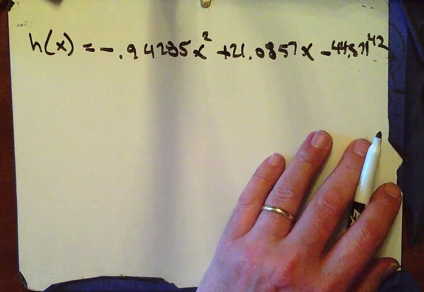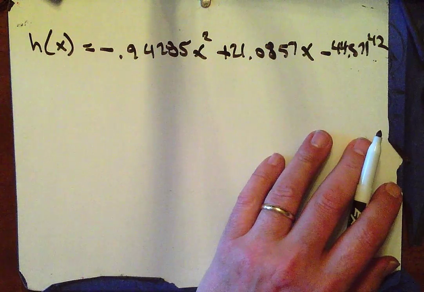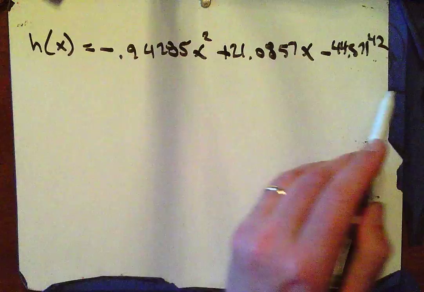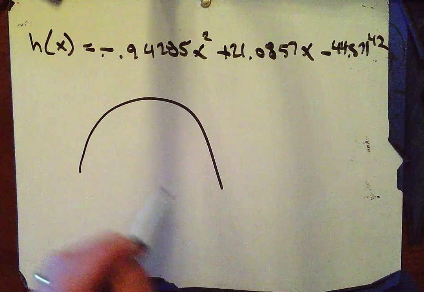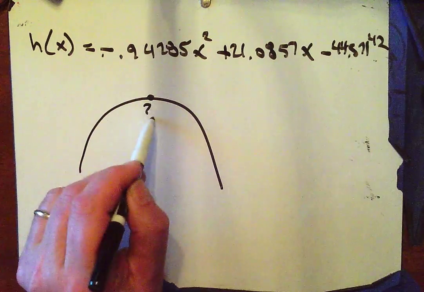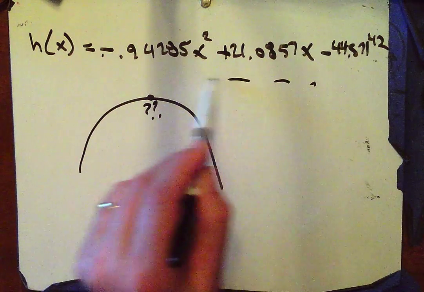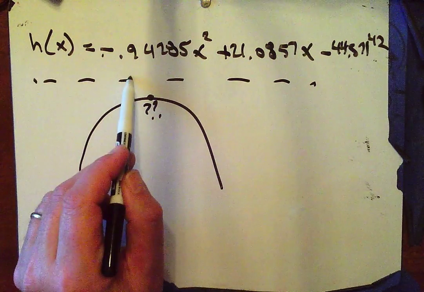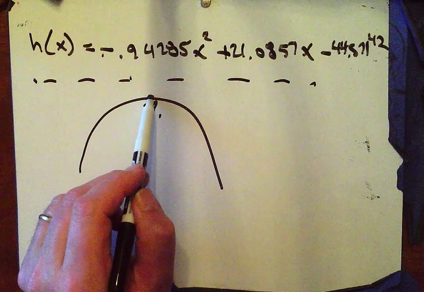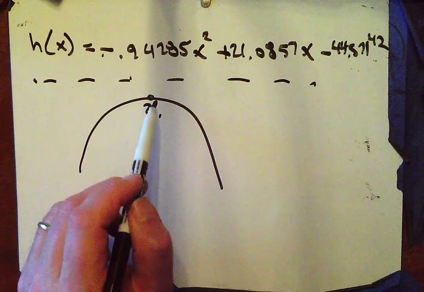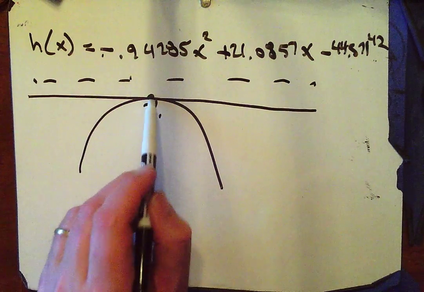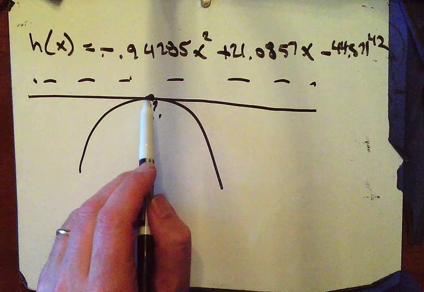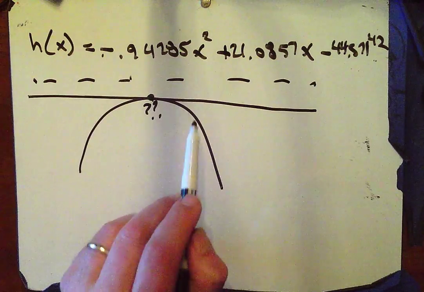Will my serve go over the 70-inch net? Well, this is a parabola that opens down. And where's that? Well, I want to know if the 70-inch net is here, in which case, no, the shuttlecock does not go over the net. Or if 70 is here, oh, that volleyball experience where we just clip the net.